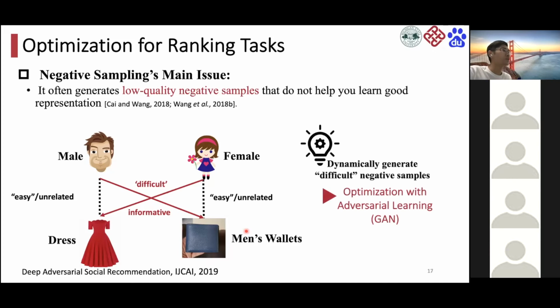Therefore, in this work, they propose to harness the power of adversarial learning, the GAN, to dynamically generate informative negative samples to better guide the learning of the user and item representations.